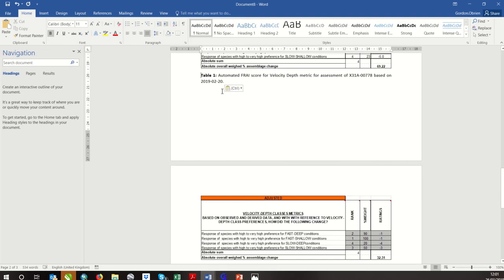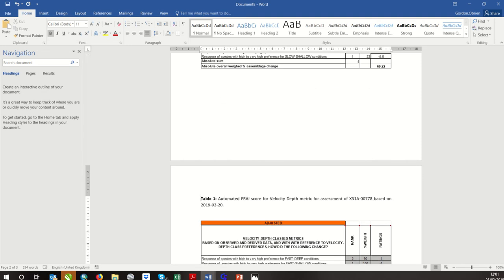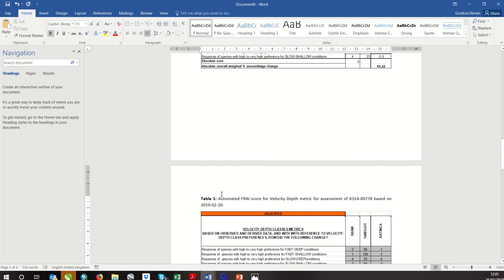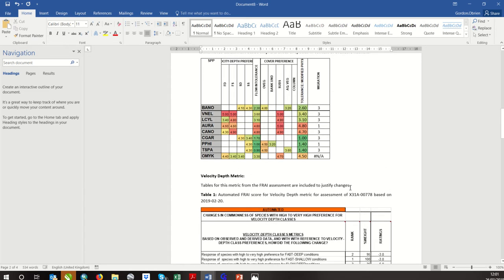Okay, this is table. I'm just doing it quickly just to show you guys that it doesn't have to be so complicated, but you can do it properly. There we go.